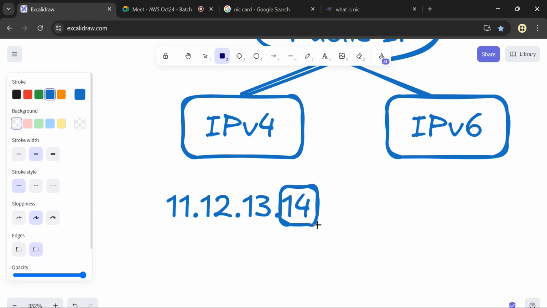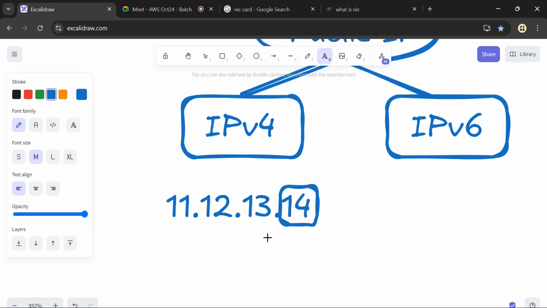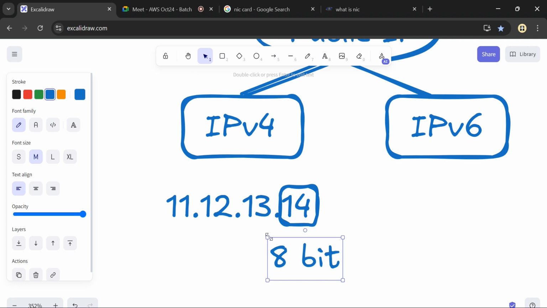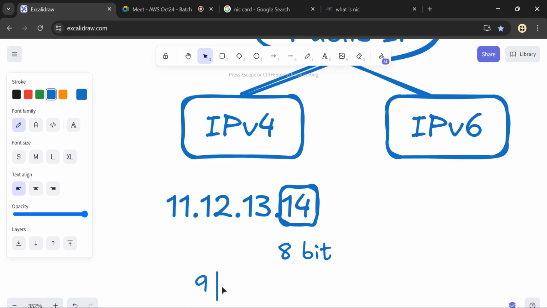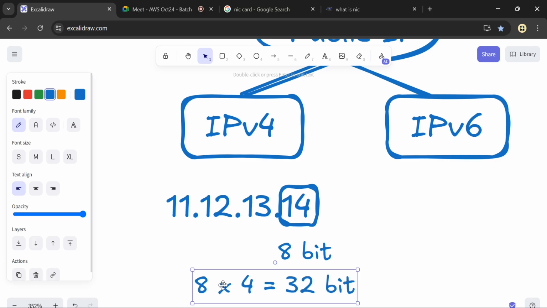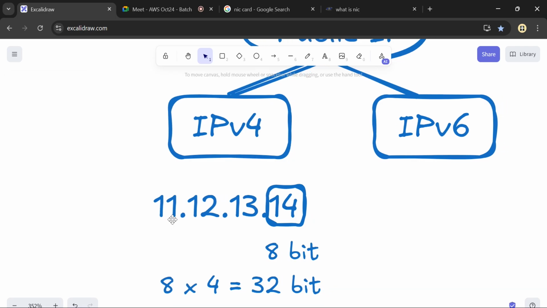So this single block will have 8 bit of information, and so the total, 8 multiplied by 4, will be equal to 32 bit. So IPv4 will be a 32 bit number, and this is how the number will look.